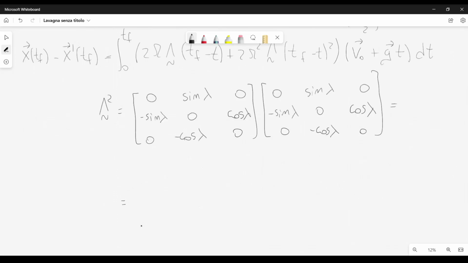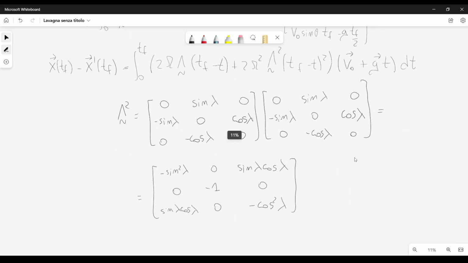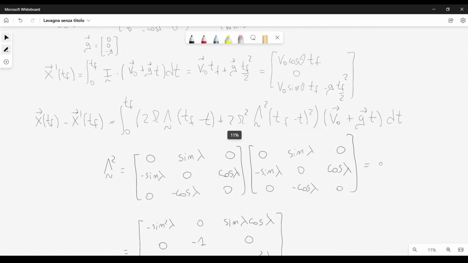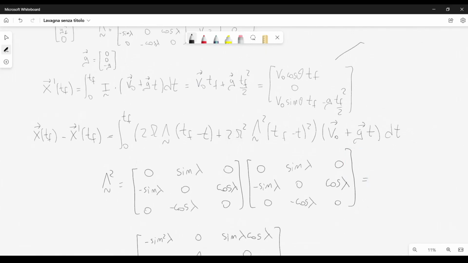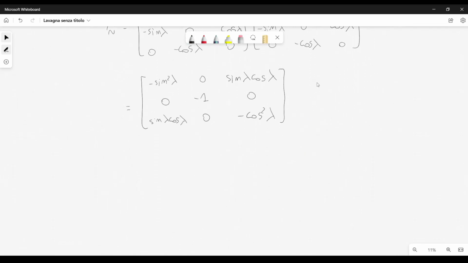And if you multiply these two matrices together, you get minus sine lambda squared, 0 sine lambda cosine lambda, 0 minus 1, 0 sine lambda cosine lambda, 0 minus cosine lambda squared. And now we can rewrite the problem. Also remember that x prime tf has these components. Okay, so we can rewrite the problem like this.